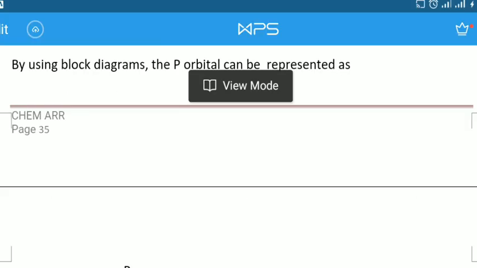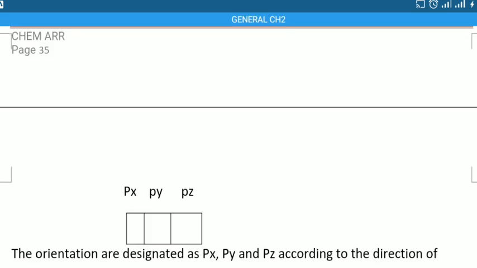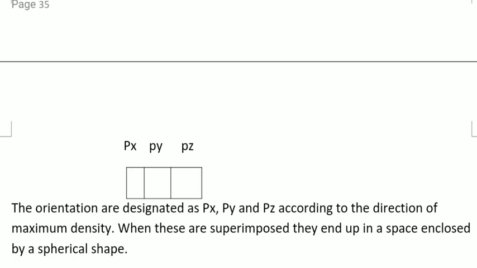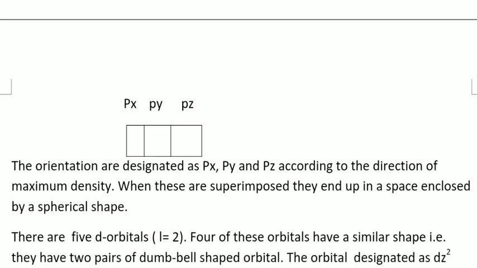Okay. Now, by using block diagram, the p orbitals can be represented as you can see here: px as 1 box, py 1 box, and pz 1 box. So that is what we call the block diagram. The orientations are designated as px, py, and pz according to the direction of maximum density.